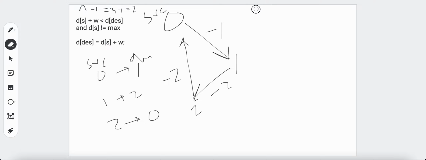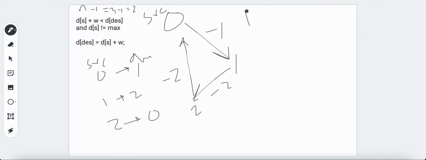So it will be 3 minus 1, which is equal to 2. And whenever the distance of source is not equal to the maximum value, and distance of source plus the weight is less than distance of destination, then we will be updating it.